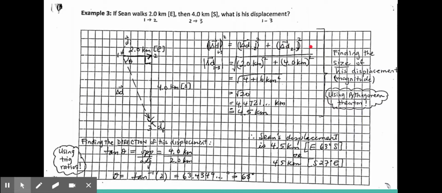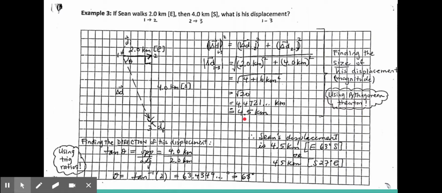You may see it usually as c squared equals a squared plus b squared, but here I'm writing it out related to our diagram. So substituting the numbers in, the magnitudes for our displacements, and calculating, we get, rounding to two significant digits, 4.5 kilometers is the magnitude or size of our displacement.